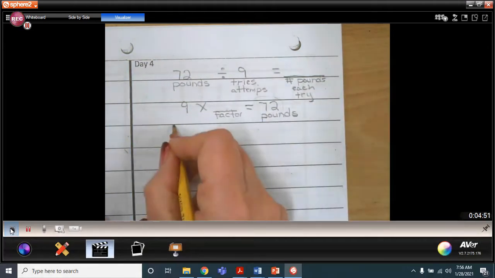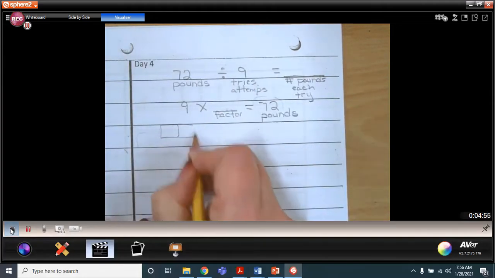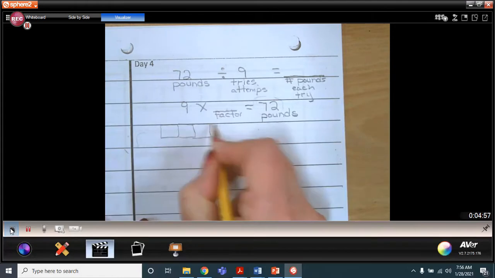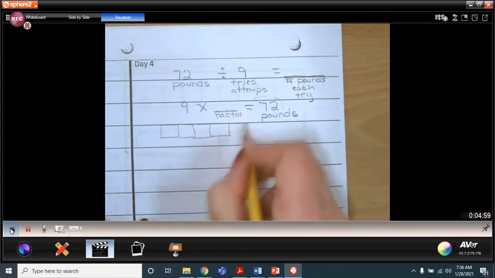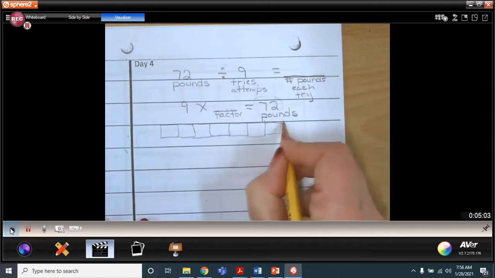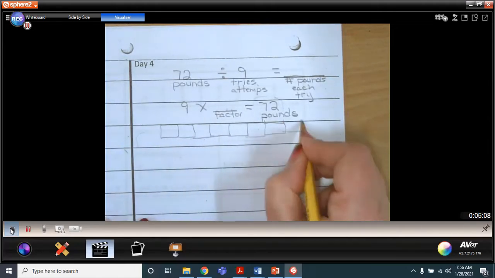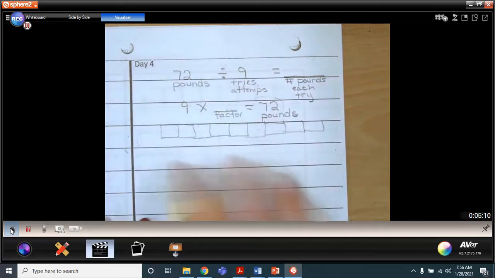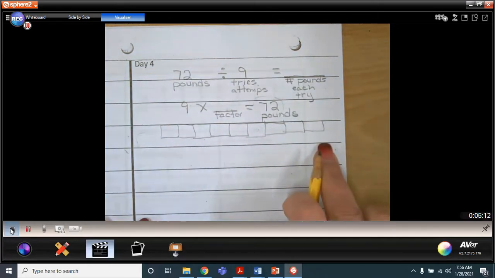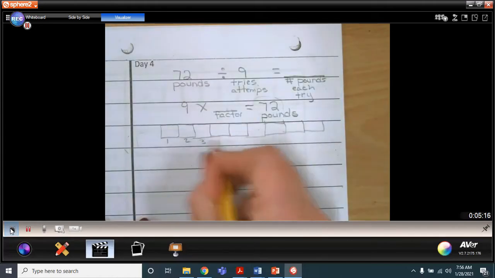Now what I could do is take my 9 groups if I didn't know my multiplication facts fluently, and this is why we need to continue to practice, guys. 1, 2, 3, 4, 5, 6, 7, 8, and 9. So there's our 9 groups, and every time he lifts, that's going to be a try that he has.